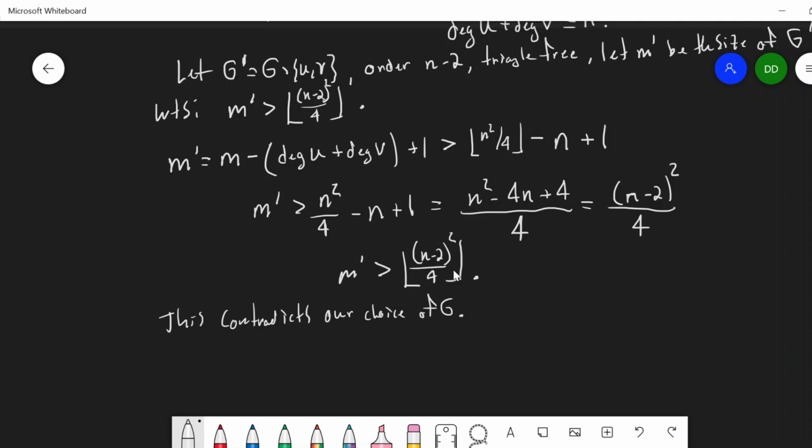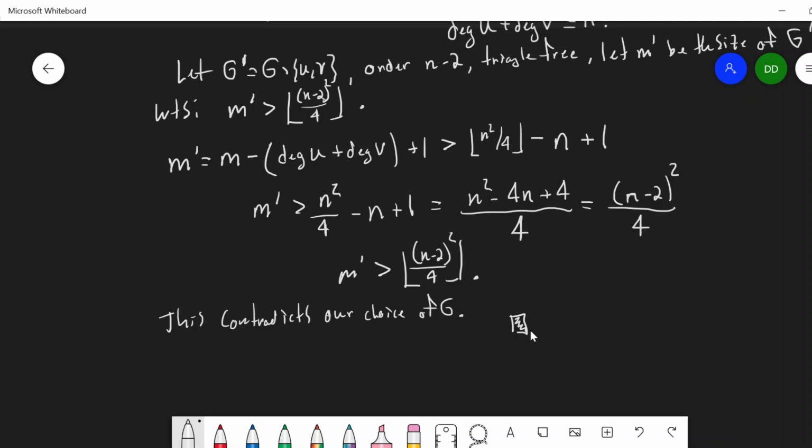And so what this means is that there was actually never a counterexample to begin with. There couldn't have been. Because if there was, I could have selected a smallest one, and this argument wouldn't have worked in the same way. And so this proves the theorem.